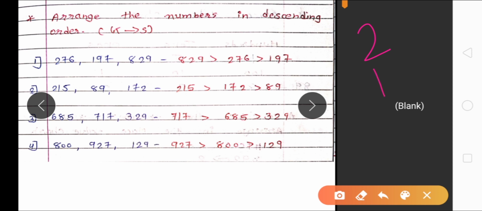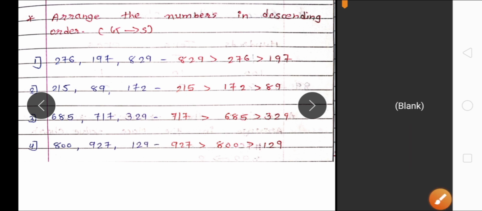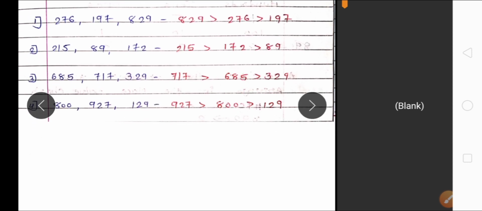In 197, 1 is in the hundreds place. In 829, 8 is in the hundreds place. So which is biggest? 8 is biggest and 1 is smallest. So first we write 829, last 197 and remaining 276. 829 greater than 276 greater than 197.